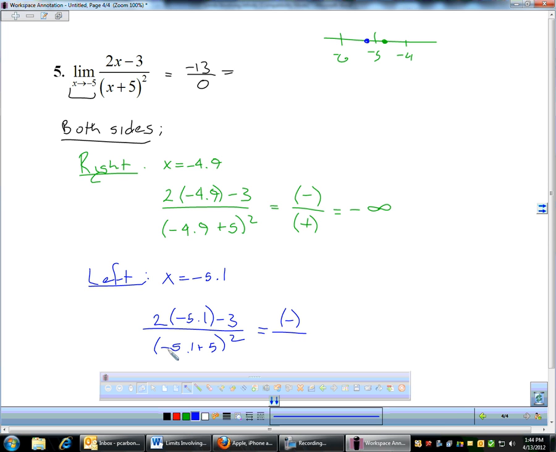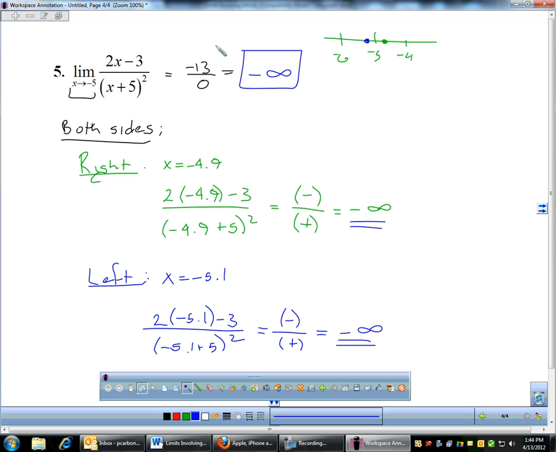My bottom, negative 5.1 plus 5, that's negative, but when you square it, it's going to become positive. So my left side is also negative infinity. Since my right and my left side are the same, then this answer is going to be the same as those, negative infinity.